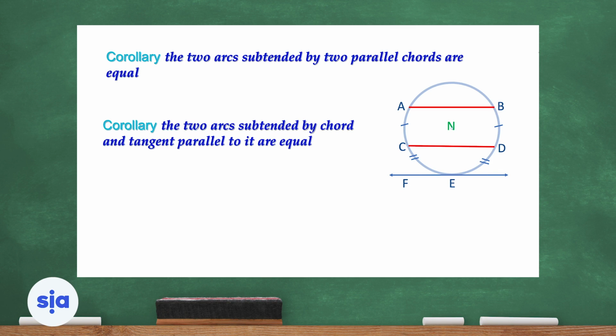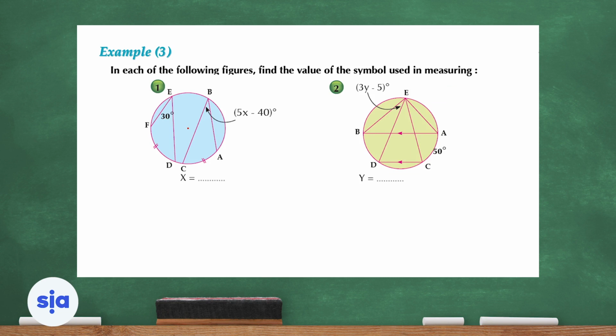Example 3, in each of the following figures, find the value of the symbol used in measuring. In question number 1, as you can see, the two arcs FD and CA are given equal to each other, then for sure, two inscribed angles subtended from equal arcs are also equal in measure.